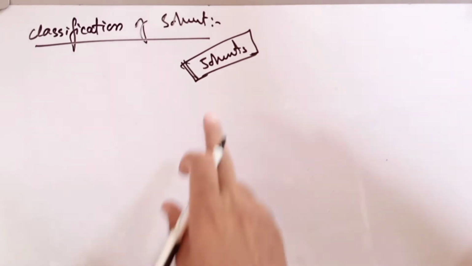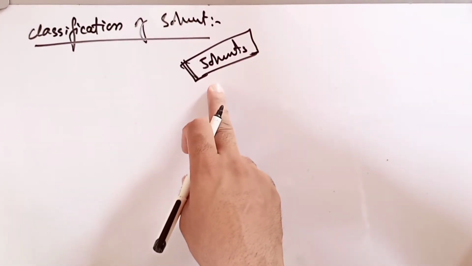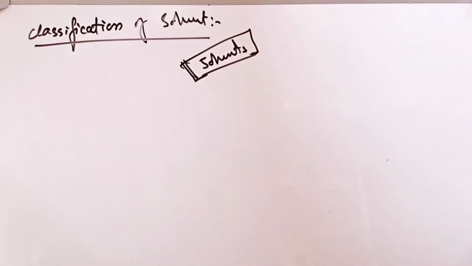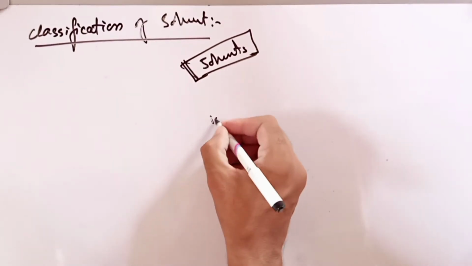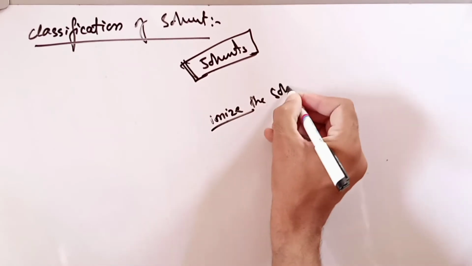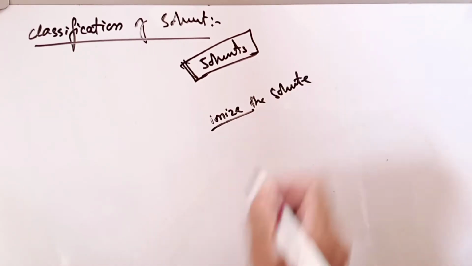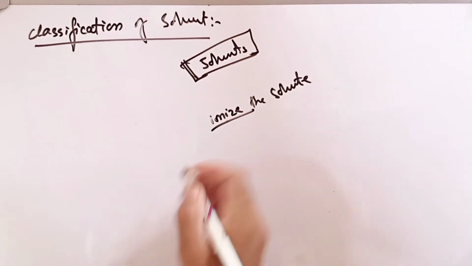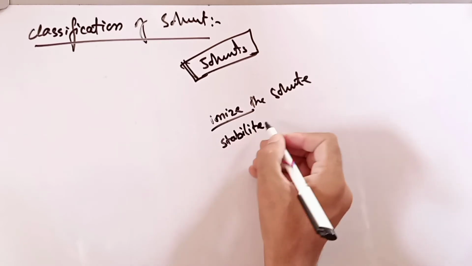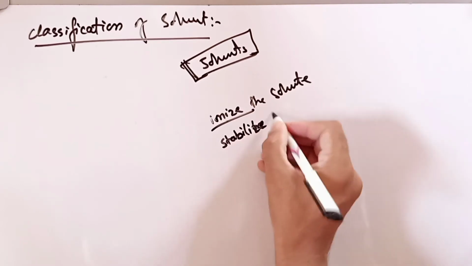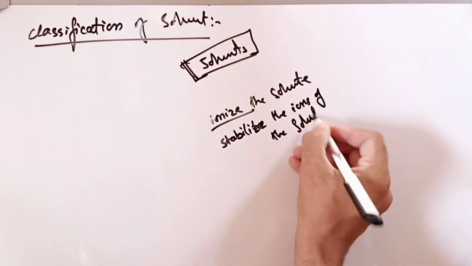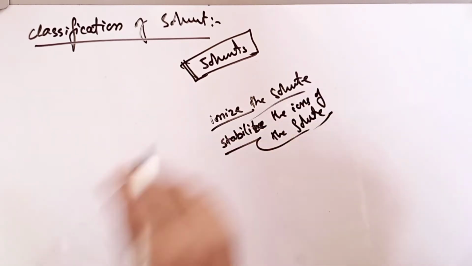Or you can define a solvent as the part of the solution which ionizes the solute and also stabilizes the solute particles and the ions of the solute. These are the properties of solvents.